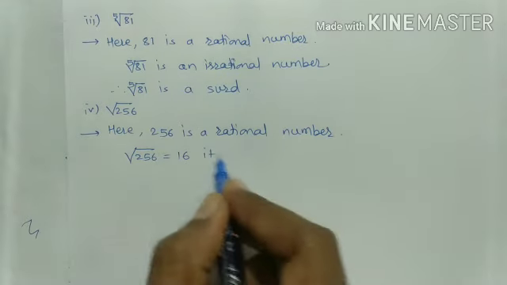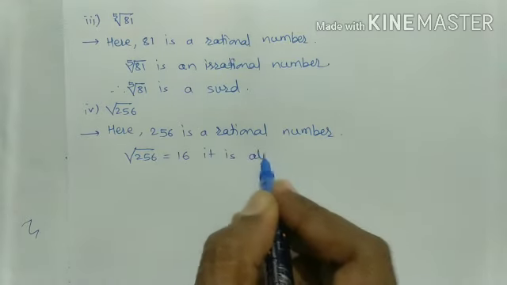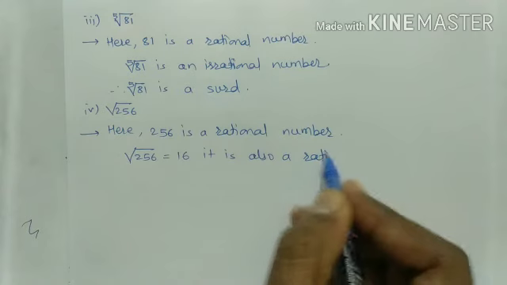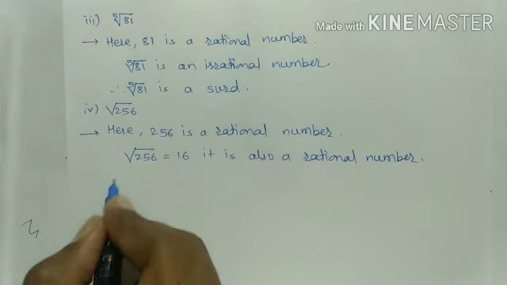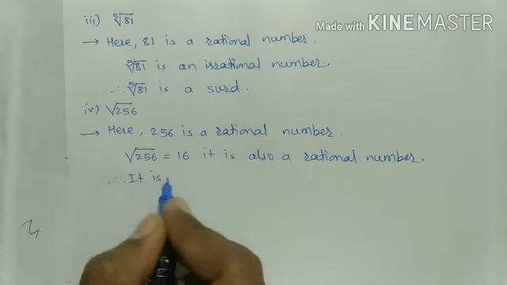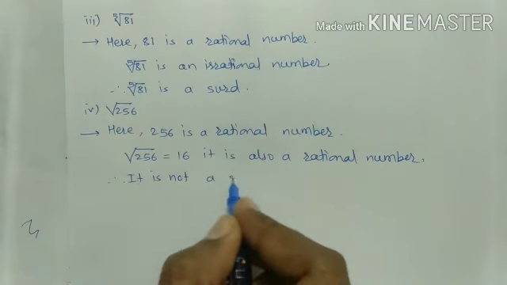That is, it is also a rational number. Therefore it is not a surd.